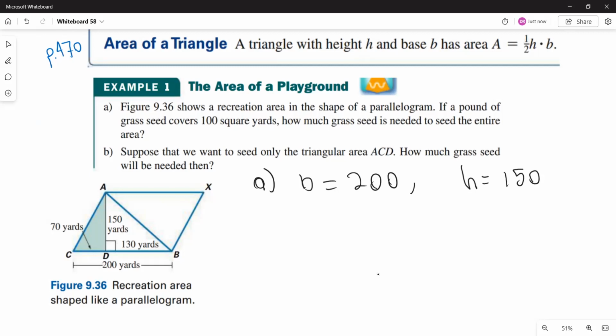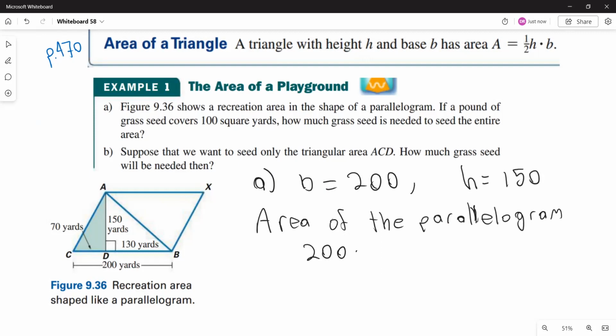Okay, so the area of the parallelogram is going to be 200 times 150. And that is 30,000 square yards.